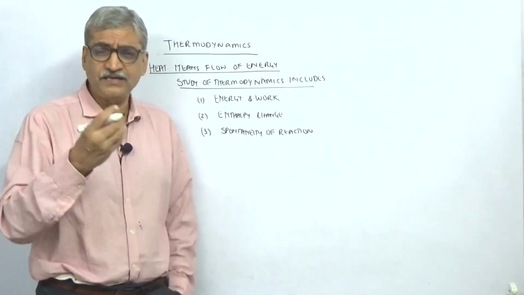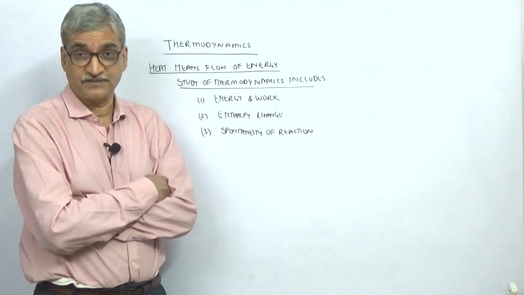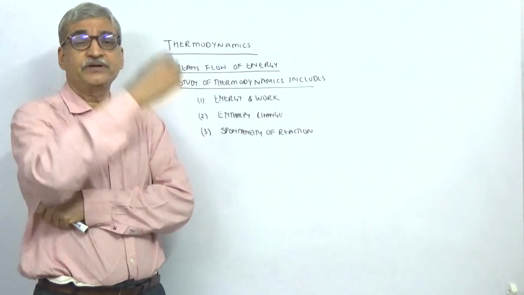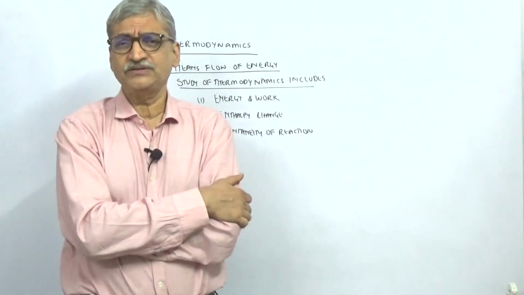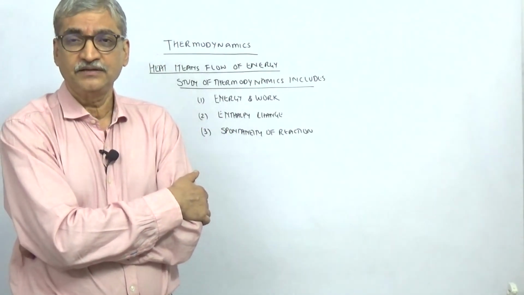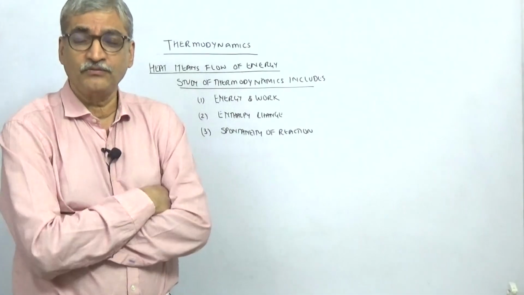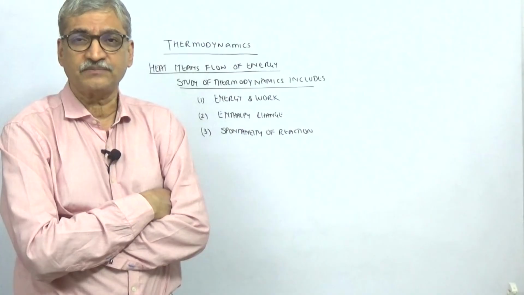We always say that we keep phosphorus under water, sodium under kerosene. The moment we remove sodium, what happens? It immediately, spontaneously, on its own, reacts with air to form sodium oxide. Phosphorus, when you remove yellow phosphorus from water, immediately forms phosphorus pentoxide. Chemical change has taken place.